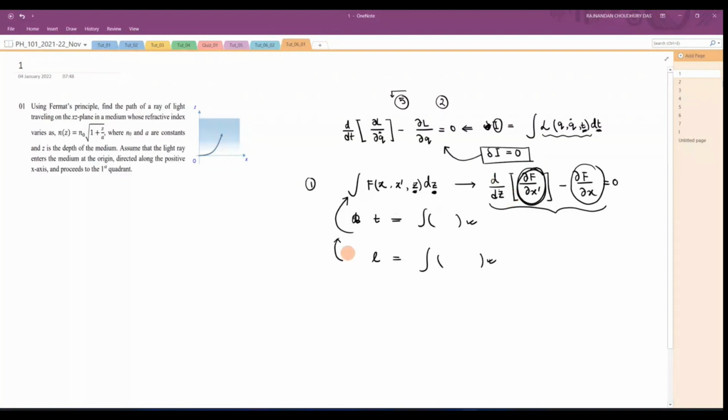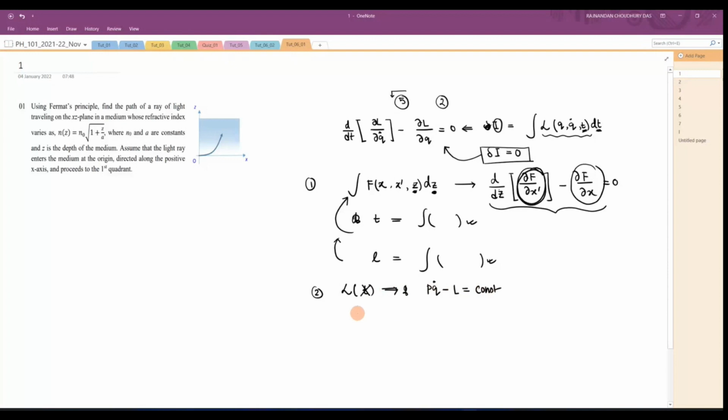Another point: you know that if your Lagrangian does not have explicit dependence on time, your energy is conserved. So what you did here was write p q̇ minus L equal to constant.